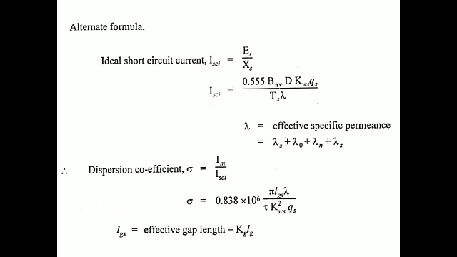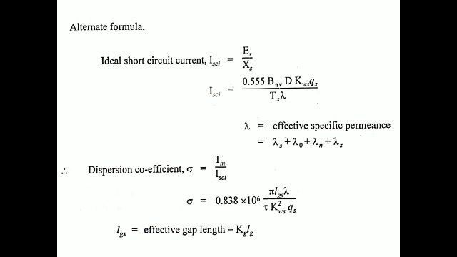Then an alternative formula is there for short circuit current, Es divided by Xs. It is nothing but Isc, equation of 0.55 BAV D KWS Qs divided by Ts divided by lambda. Here lambda is nothing but the specific permeance.